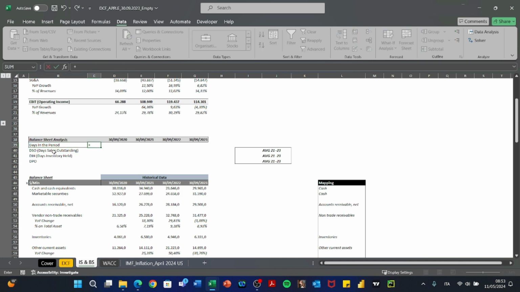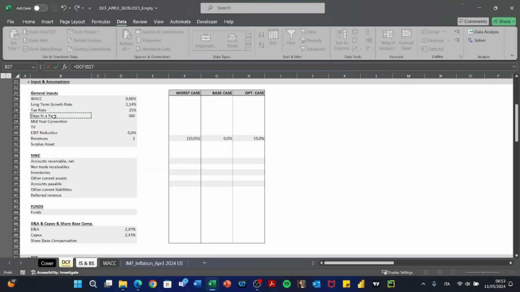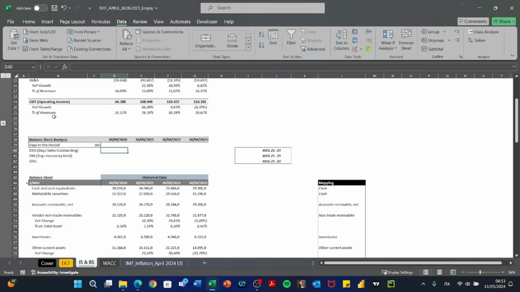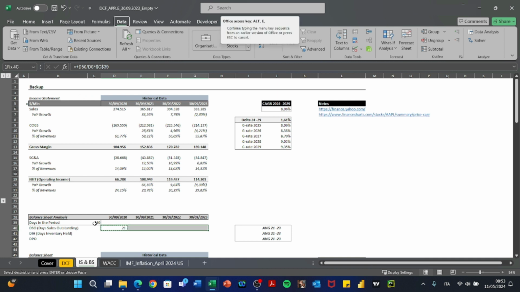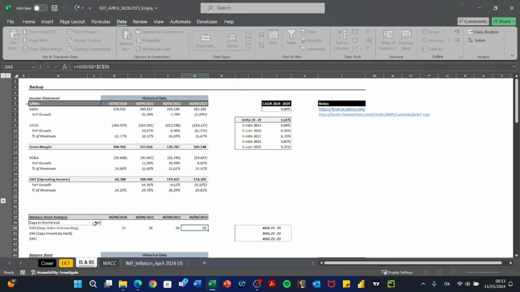So let's link the days in period. For calculating the DSO, the formula is the accounts receivable divided by the revenues times the days in period. Okay, 21, 26, 26, 28.